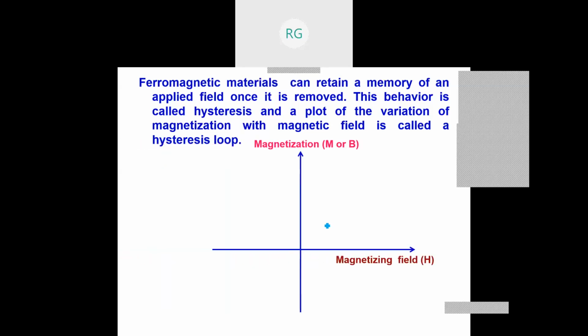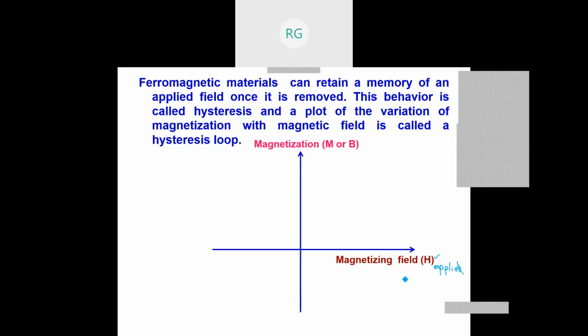I am taking the magnetizing field, which means I can increase or decrease the applied magnetic field H. This is H, the applied field. When the sample is placed in the external field, it gets magnetized.